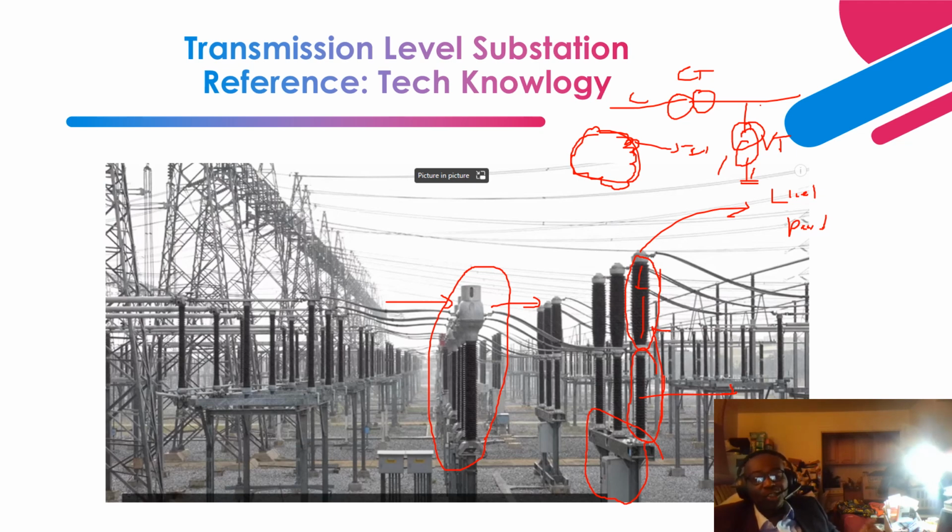We have a stationary section and a movable section, and this section is filled with SF6 gas. The SF6 gas is an arc quenching medium and an insulating medium. Inside, let's say you're closing the contact: you have a stationary contact that is always stationary, and a moving contact.